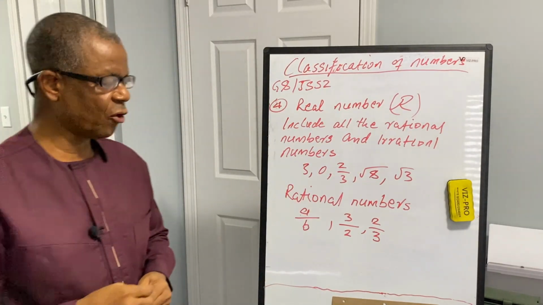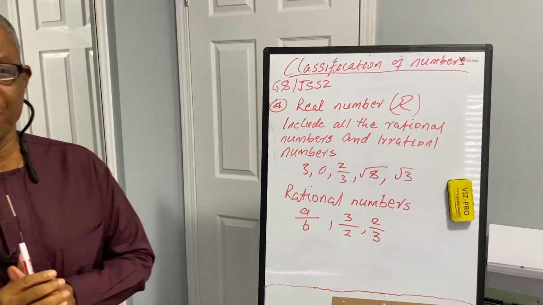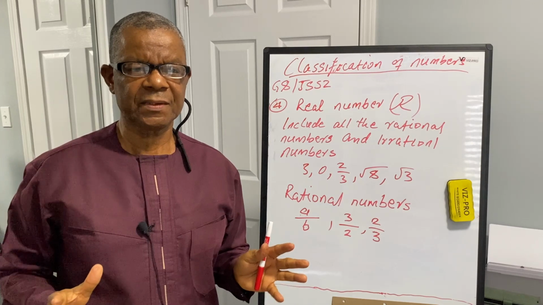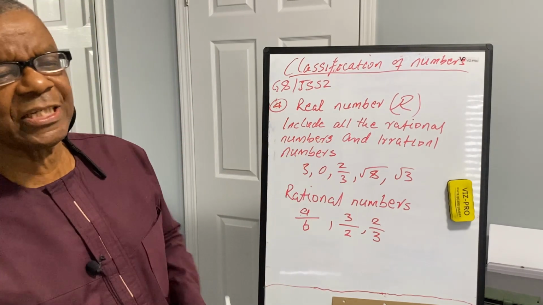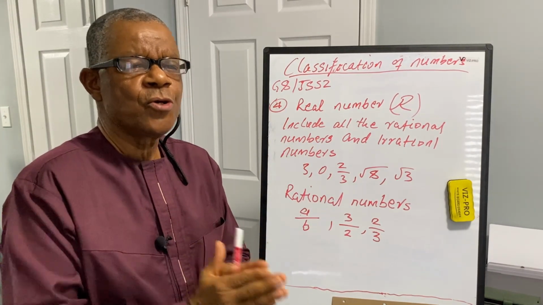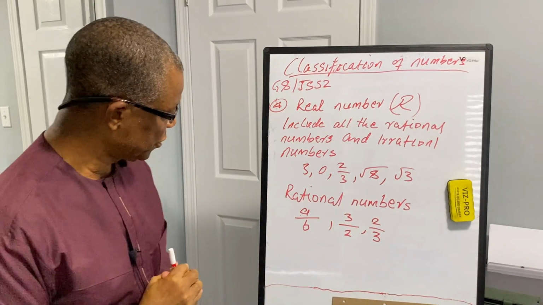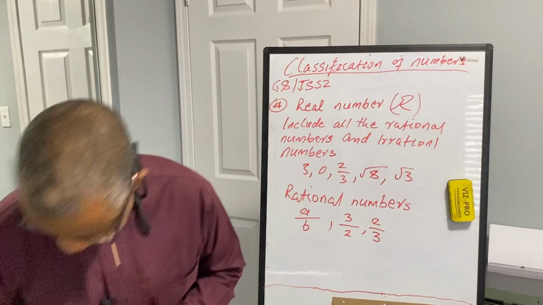All these we can call rational numbers. It can be written in exact fraction. If it is divided, it will give you an exact value, not an endless continuation. We call such rational numbers.